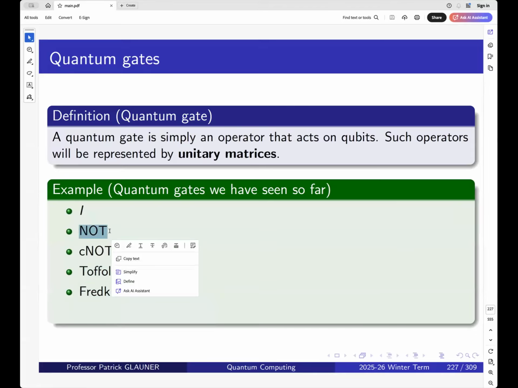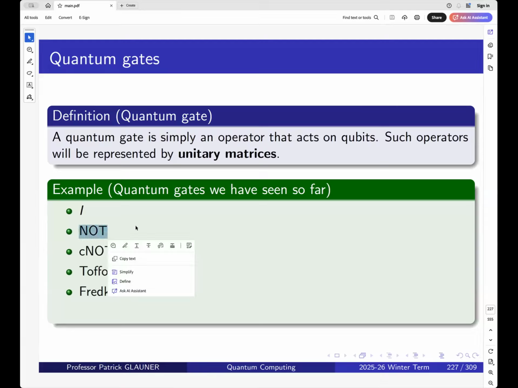We have seen the classic NOT gate is also a quantum gate because it's represented by a unitary matrix. And if I apply the regular NOT gate to a qubit, I would just flip the two amplitudes for Z0 and Z1. I would just flip them.